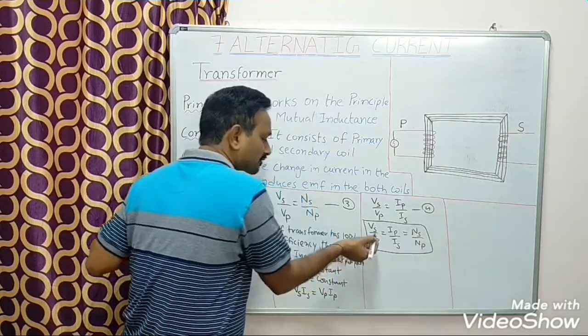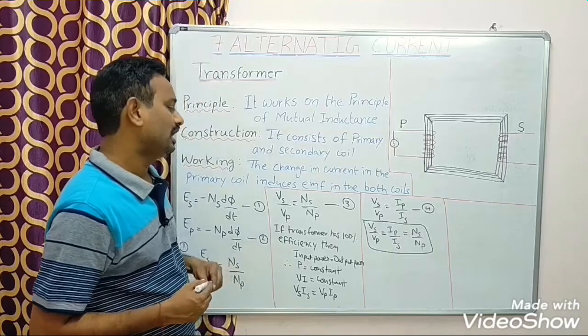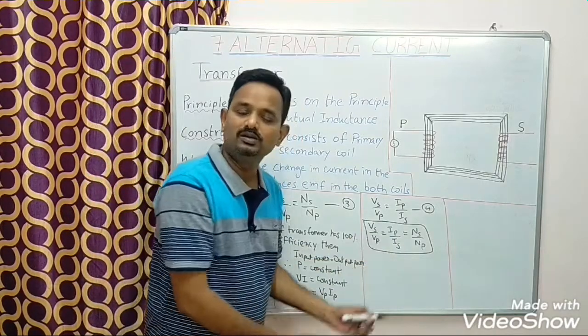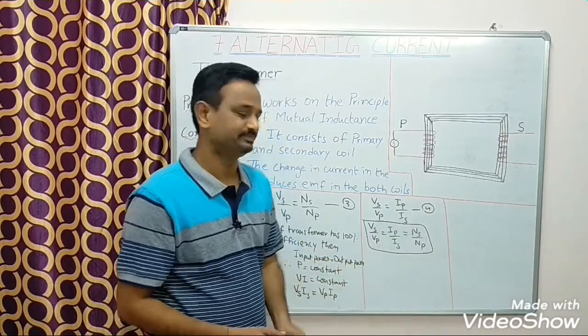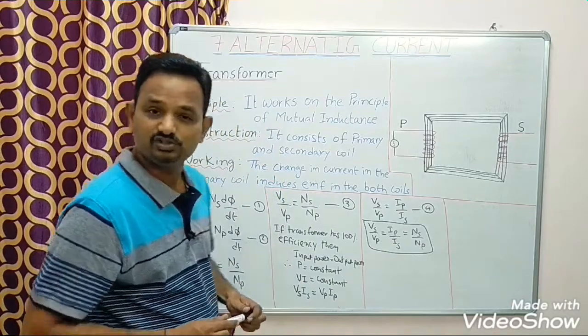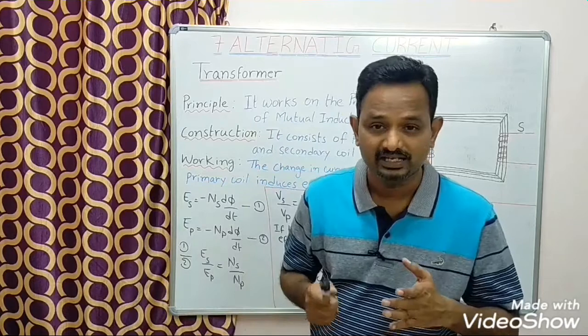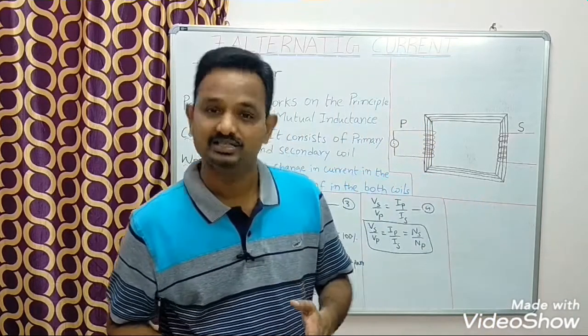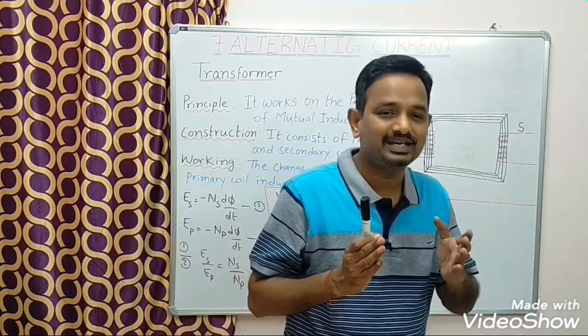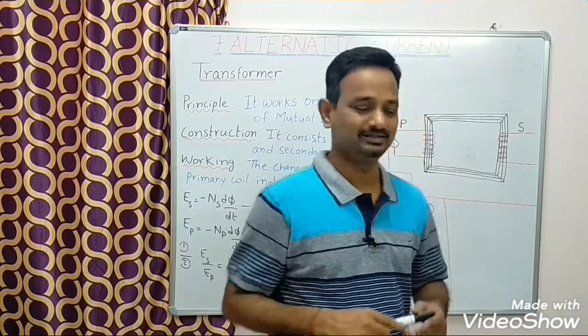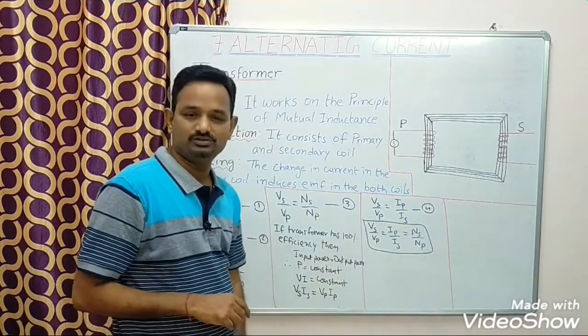So this equation gives the relation between voltage, current and number of turns in both secondary and primary coil. So we got the relation now.